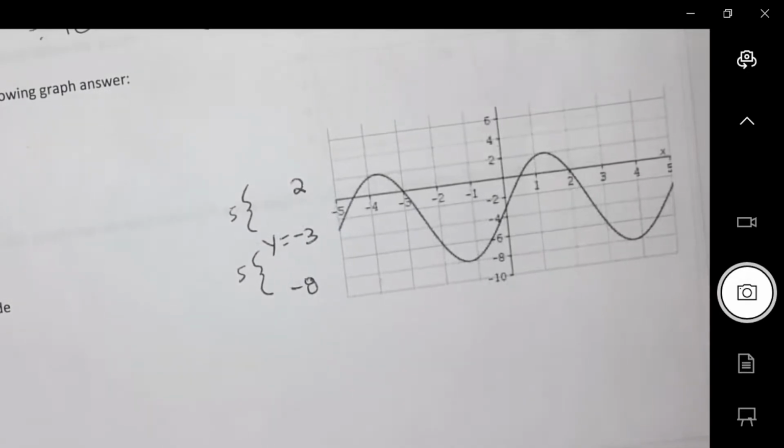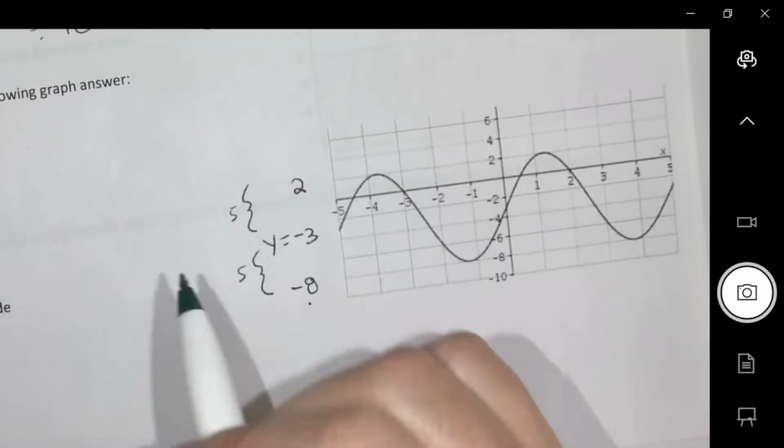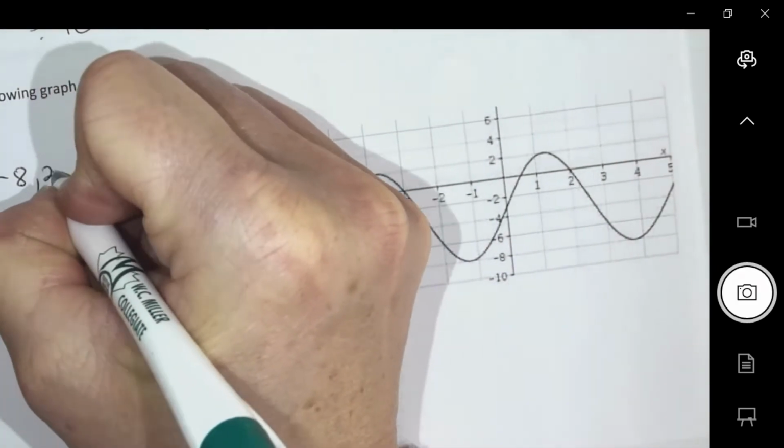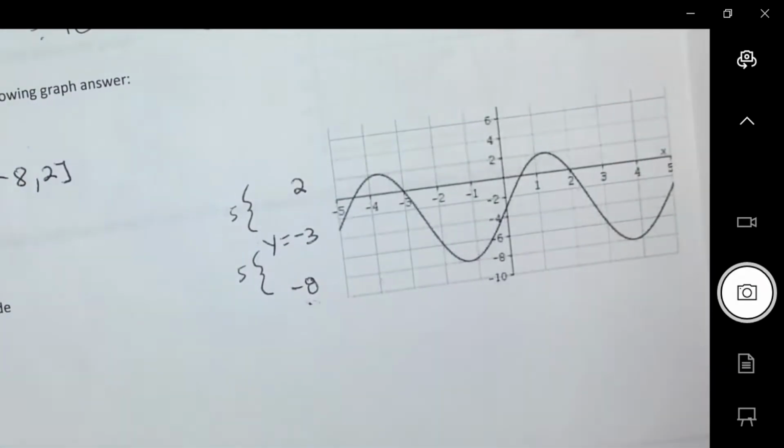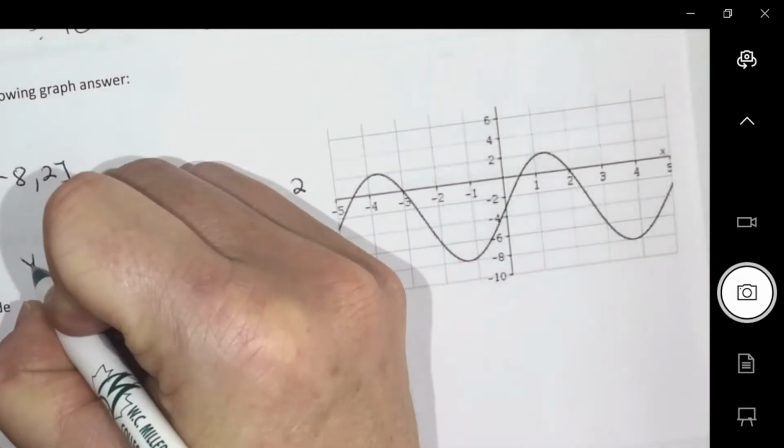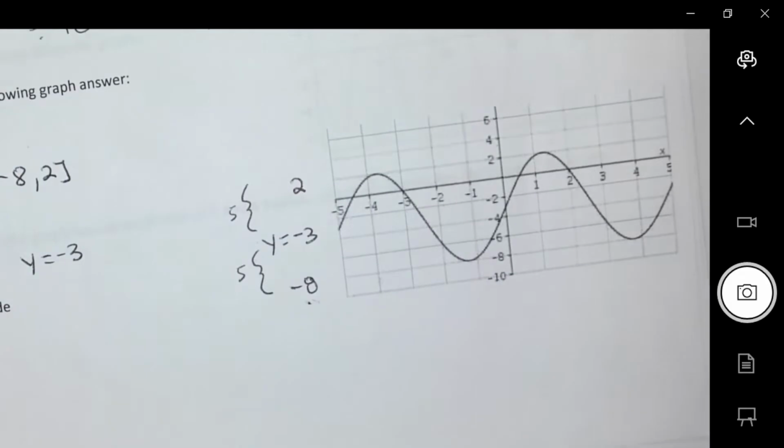Okay, so let's answer some of these things quickly. The range we can do, because I have those numbers on here, the lowest to the highest. Midline, we put there, y equals -3. That's the middle.